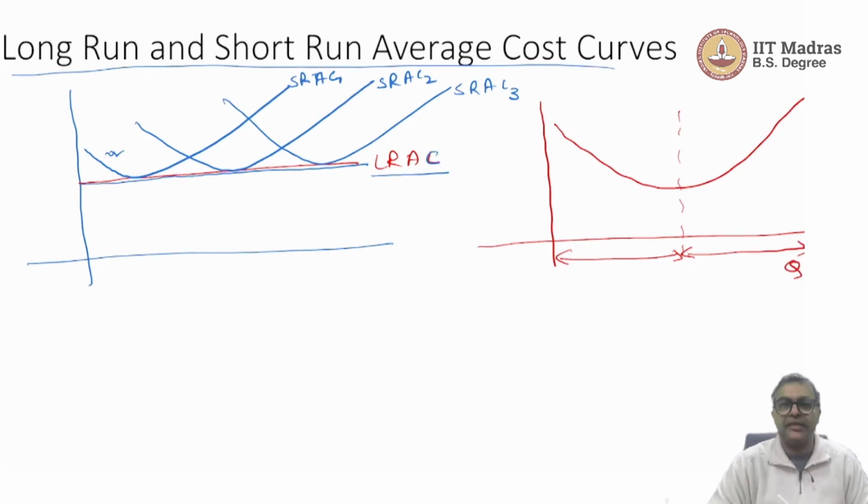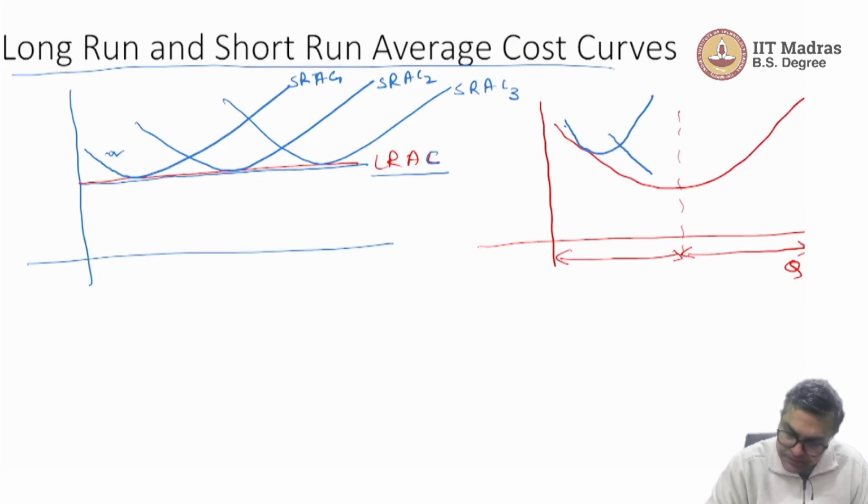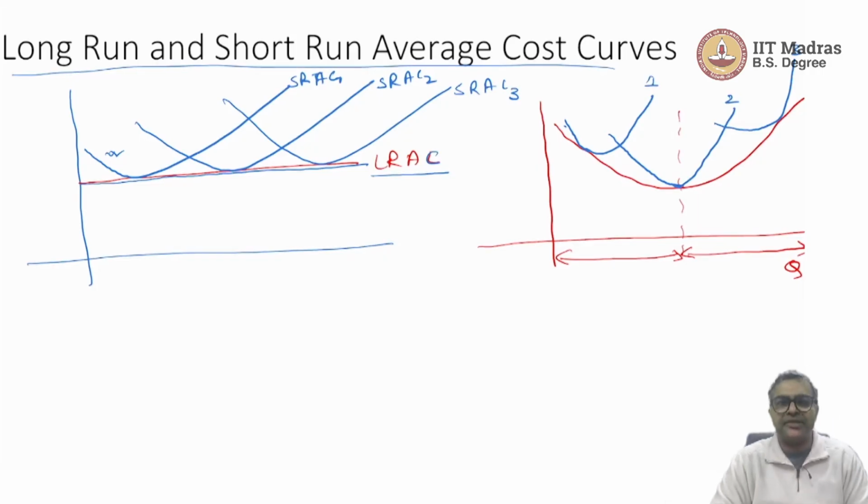Here Q is increasing, and then it is possible that we will have a short run average cost curve like this, and then this is the way we will have the short run average cost curve. This is case 1, this is case 2, and this is case 3. Again, these 3 are representative. The way I am drawing, only 3 levels of capital are possible.